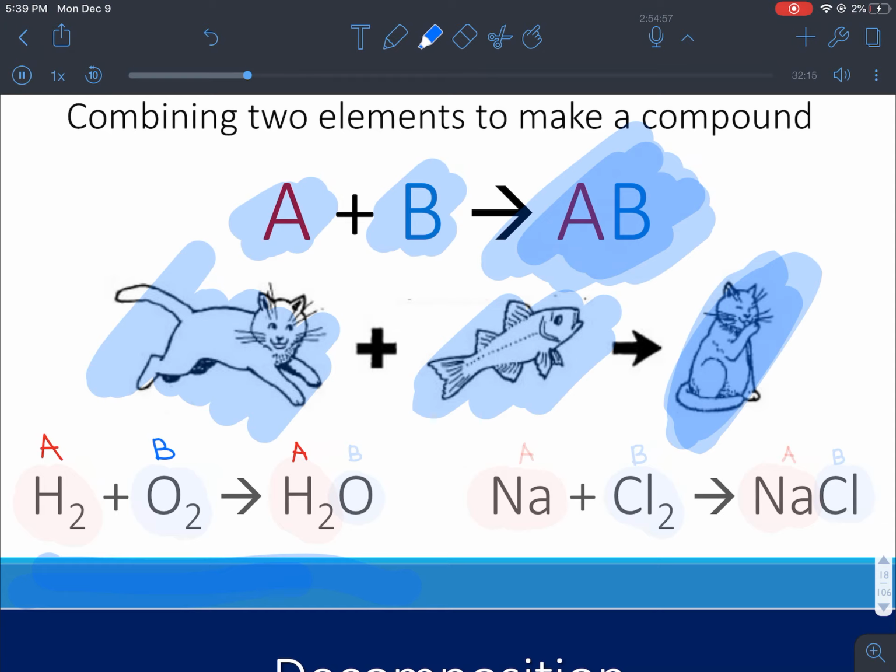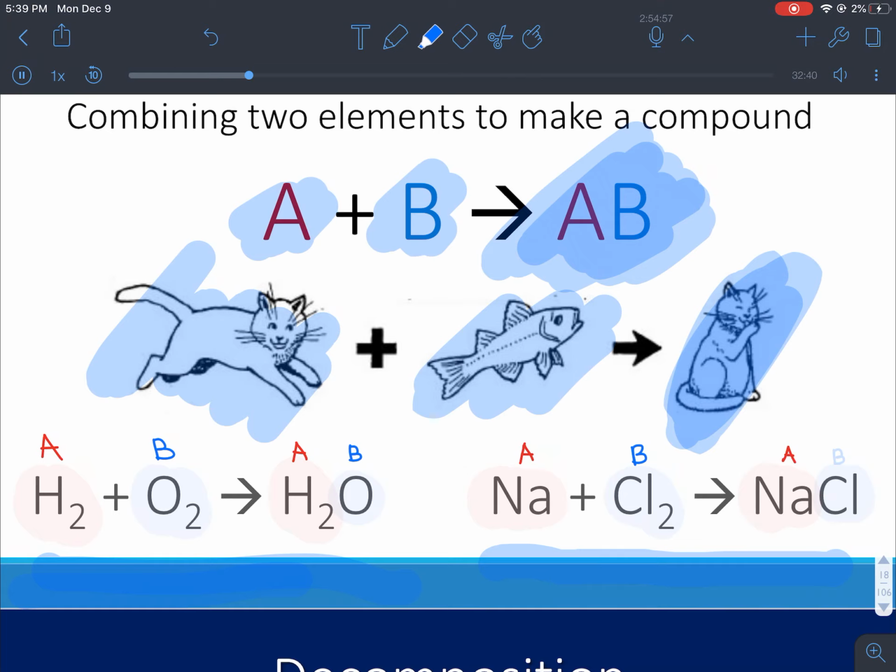Or over here, sodium would be like your A. Chlorine would be like your B. And again, you have two things combining to form one thing. That's the pattern that's going to help you identify synthesis reactions. Two separate things combining to form one.